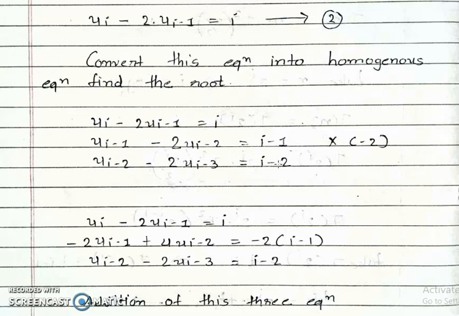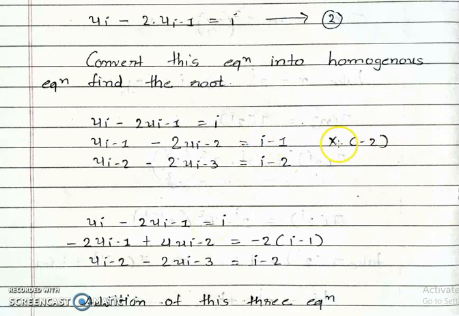Then convert these three equations into a homogeneous equation. So the right-hand side part will be made 0. In this second equation we multiply by -2 and sum these equations so the right-hand side part should be 0. So u(i) - 2u(i-1) = i, this equation is as it is.